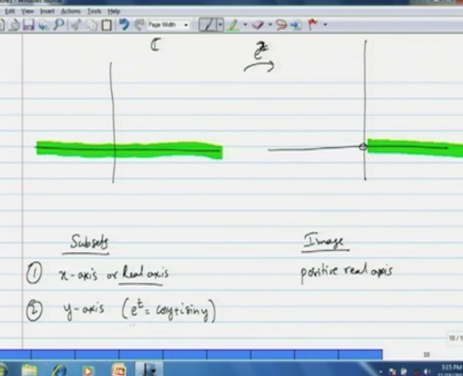So, e power z is cosine y plus i sin y. Now, these are points (cosine y, sin y) for y any real number. So, the image of the y axis is going to be points on the unit circle.